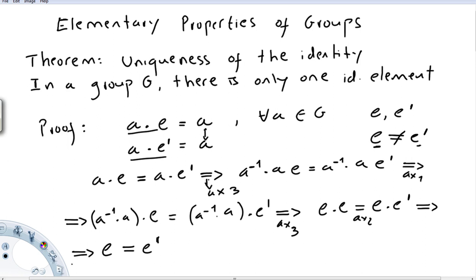This is by axiom 2, okay? Right, so E equals E prime, but that's a contradiction.